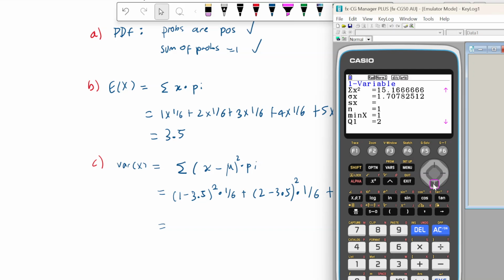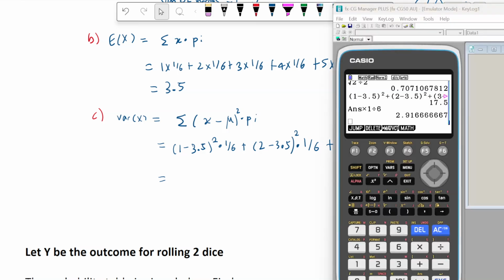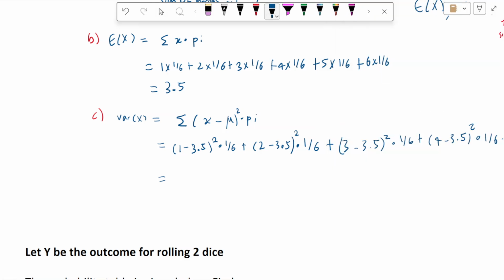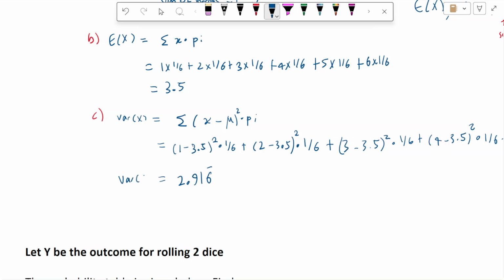Okay, so I don't know what that is, and I can't be bothered putting it into the calculator. But I think for the purposes of this video, we better do it. 2.9167, or 2.916 recurring, would be the variance for this one. Okay, now standard deviation is just the square root of the variance.